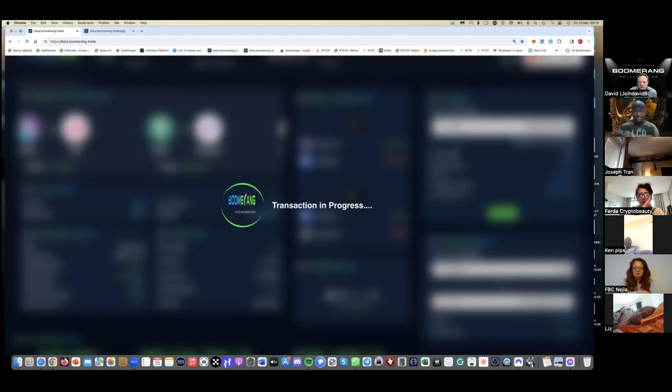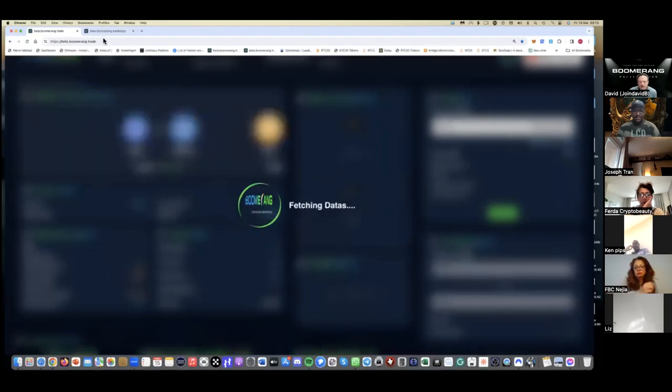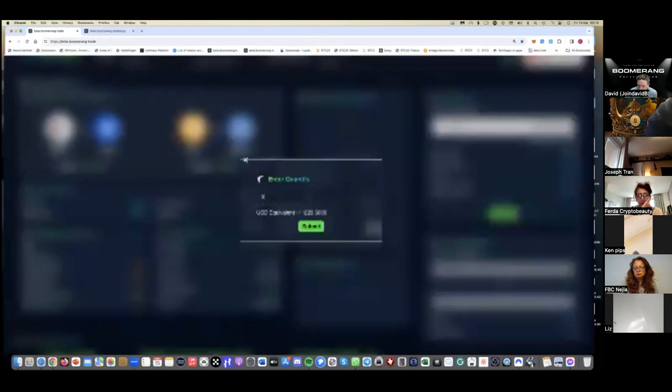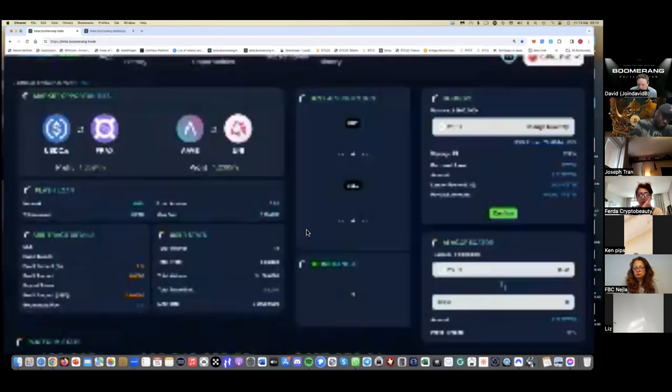This is really interesting. It's failed. Okay, let's see if we can do the trade again. And this is just the network part. Let's see if we can do it again.